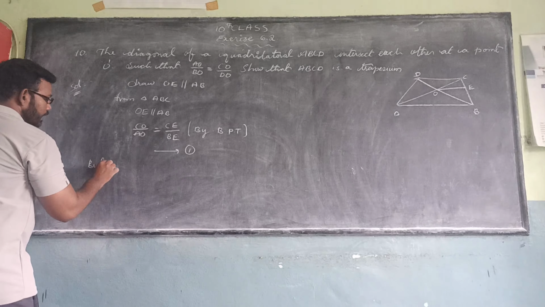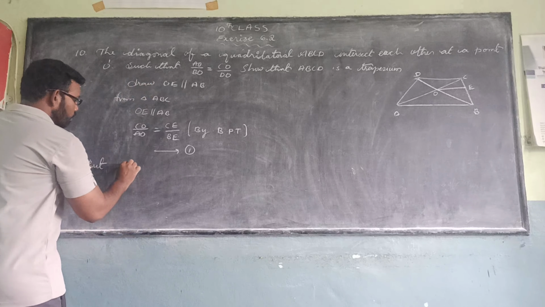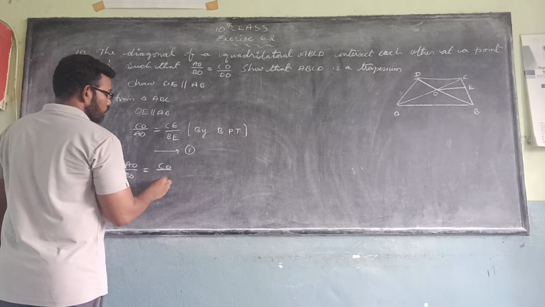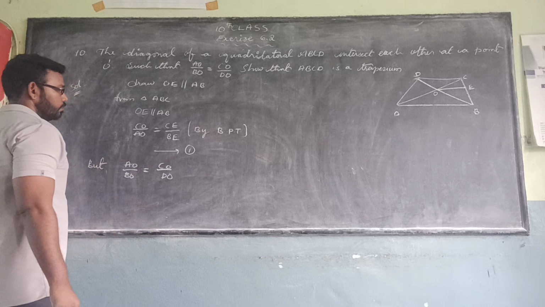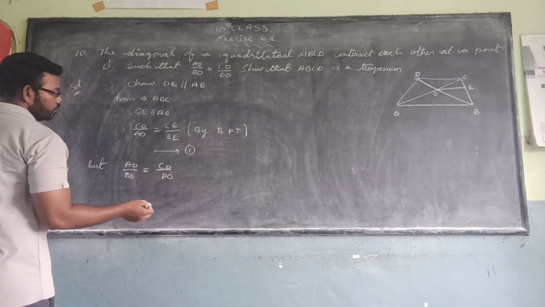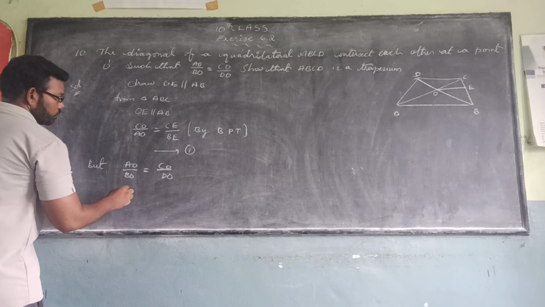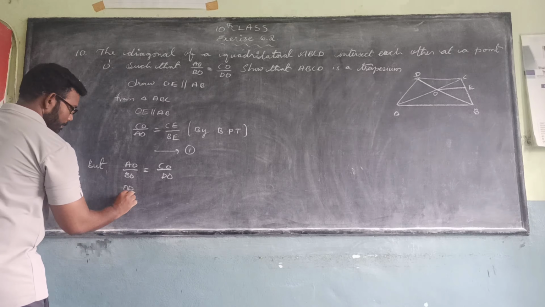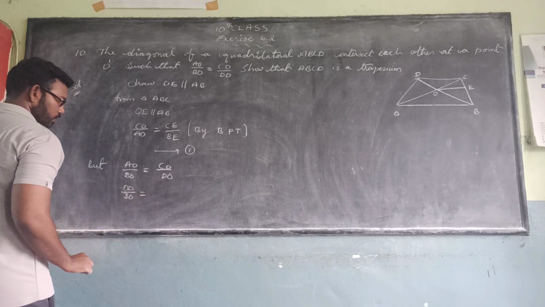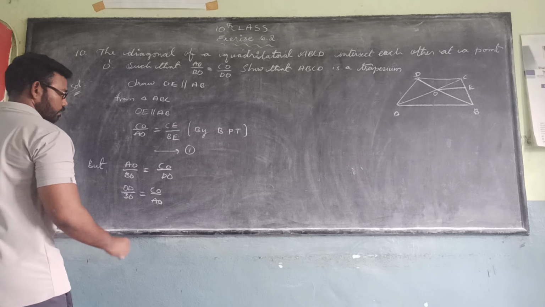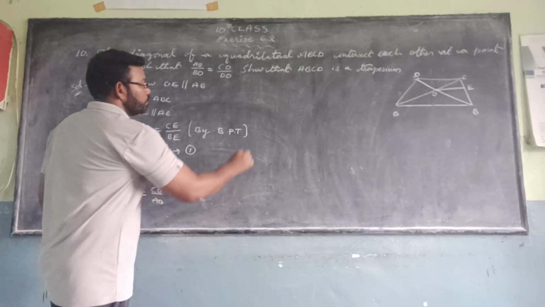But clearly it is given that AO by BO is equal to CO by DO. If you change the positions, then you will get OD by BO is equal to CO by AO. This is equation number 2.